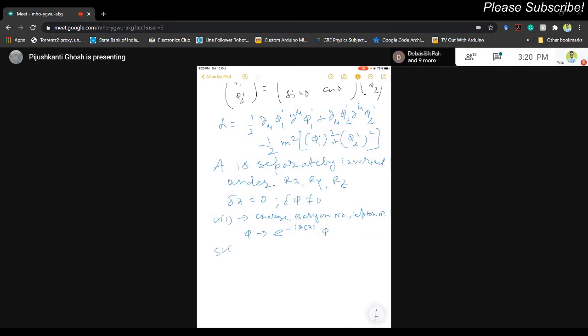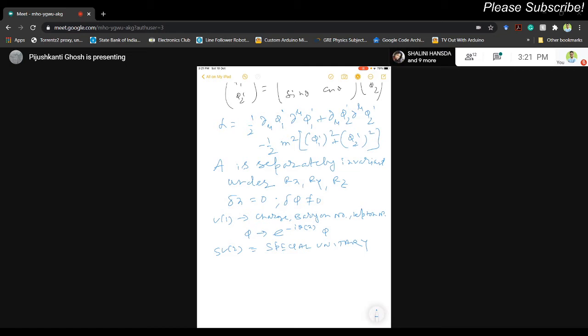SU2, special unitary group. S for special, U for unitary, 2 for 2 cross 2 matrices. And for U1 there is no special U1 because U1 itself is special.